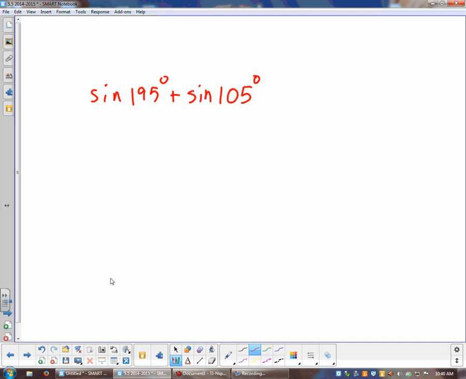All right, u is 195, and v is 105. So I'm going to have 2 times sine of (195 plus 105) over 2 times cosine of (195 minus 105) over 2. Does that look okay?